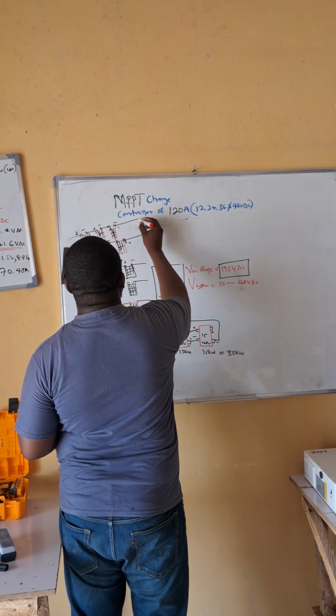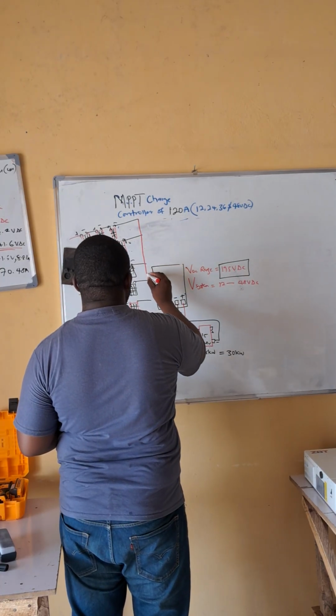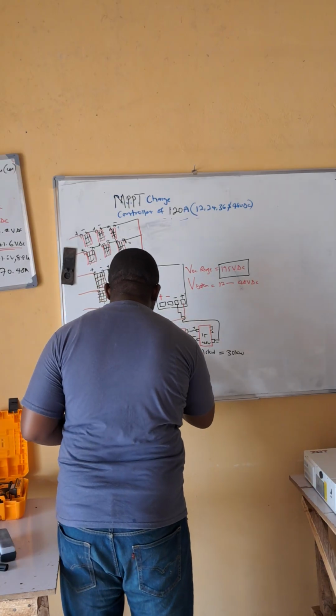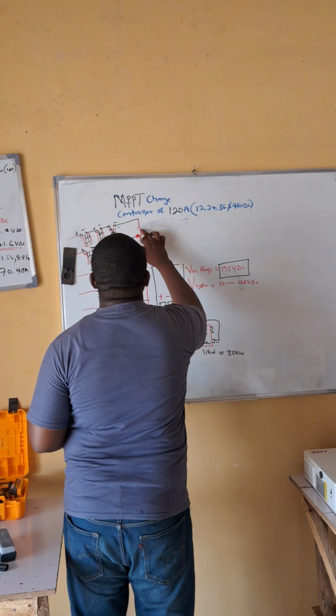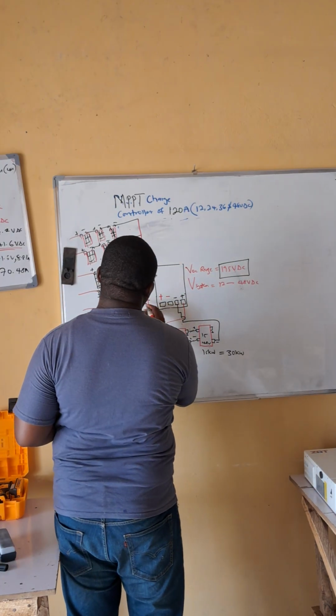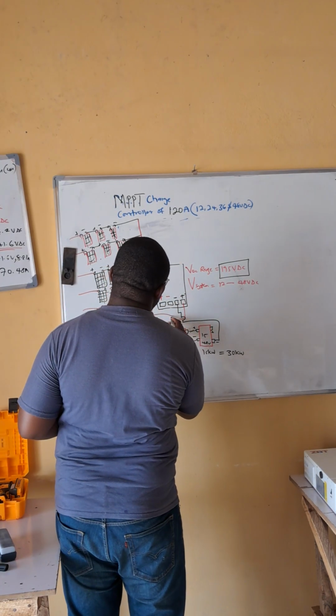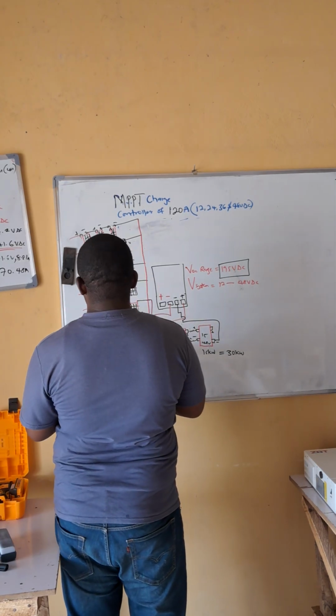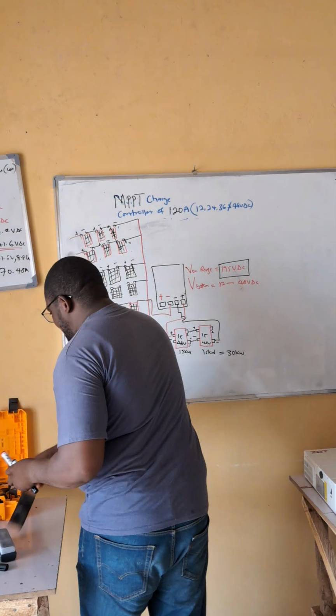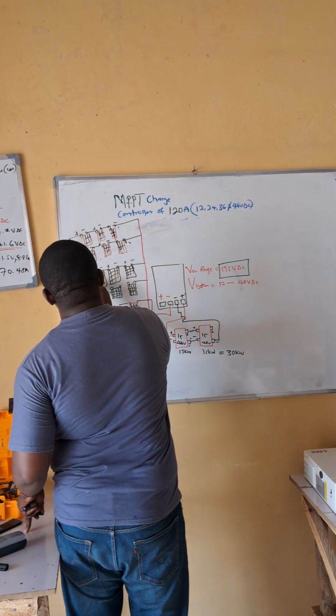Okay, now we use 3 panels per string, so we are going to do parallel connection to connect all the panels to work together. As such, this is our negative terminal. We take the negative terminal into the battery, and then we merge all the positives together as well, like this.